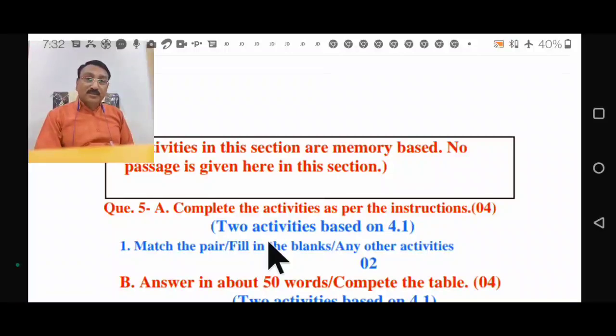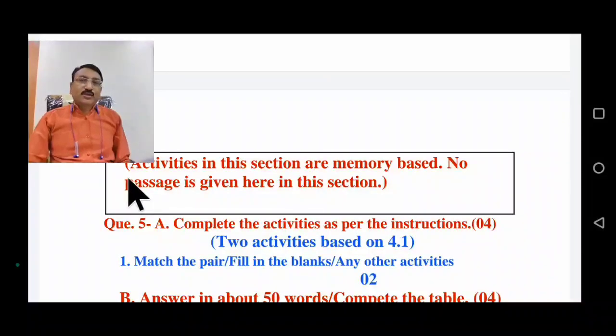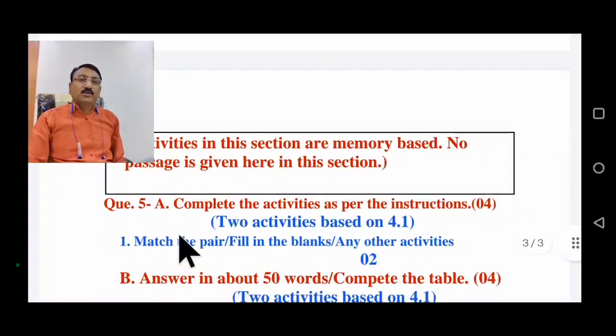No passage, no extract will be given in the activity sheet for this section, and that is why the students need to study this last section by heart thoroughly, so that you can write down the answers of all the activities from this last section, that is drama. This section has 4 marks.